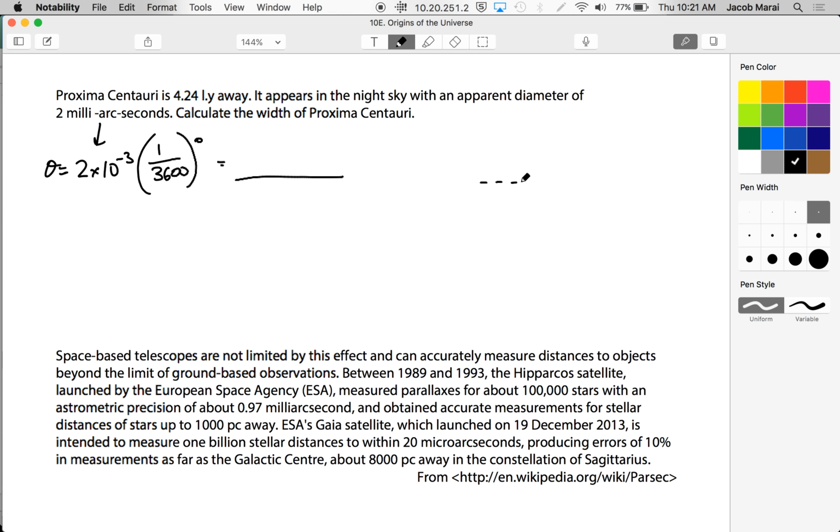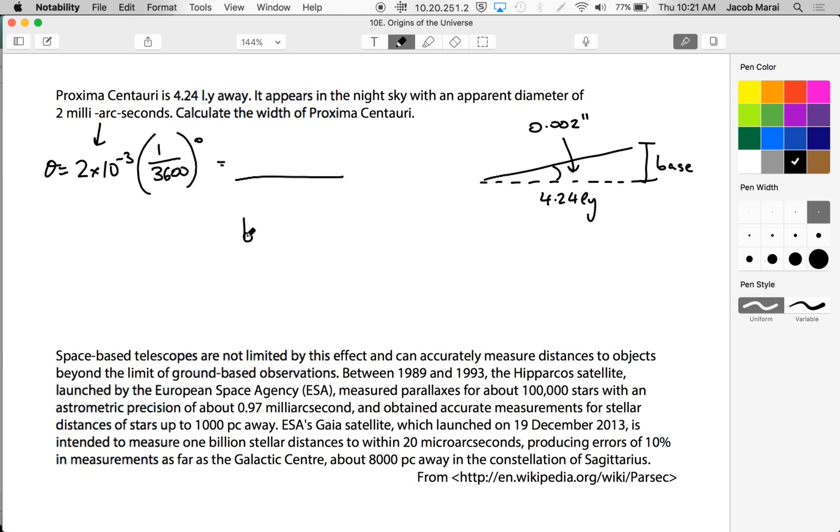Here's our diagram. 4.24 light years. We are asking for the base length, which is subtended by 0.002 arc seconds. Okay? So, since we're in light years, let's get our answer in light years.